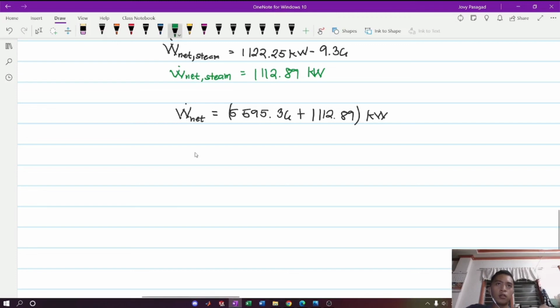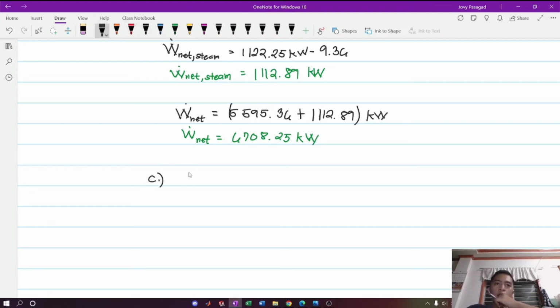So your answer is work dot net is equal to 6,708.25 kilowatts. Now solving for letter C.